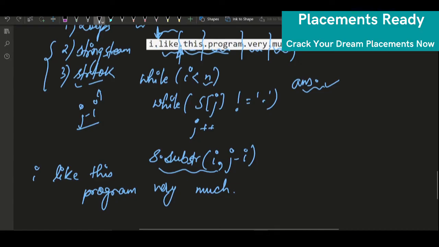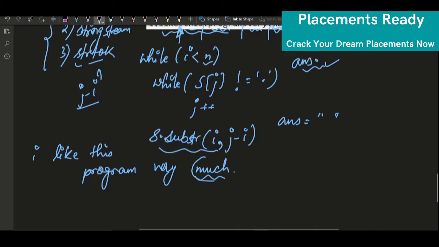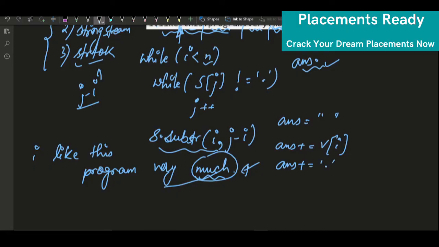Now what we need to do is add these words. Let's say we have an answer string. First of all, we will iterate from the back of the vector, and keep on adding: answer plus equal to v of i. So i will be starting from the last of the vector, and then we have to place a dot also. So we will place a dot here.